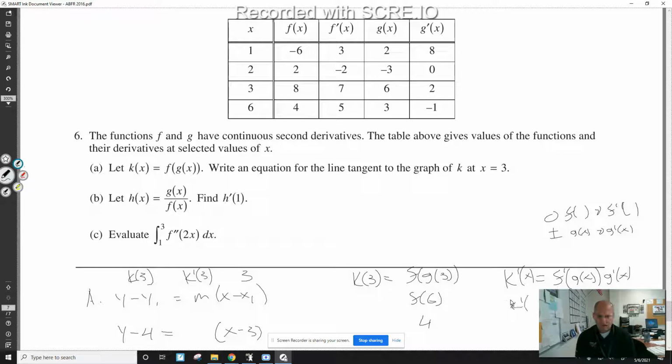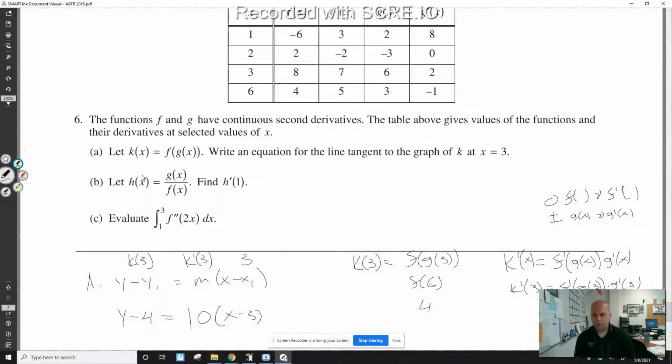K prime at 3, which is what we're trying to find, is f prime of g of 3 times g prime of 3. G of 3 is 6. F prime of 6 is 5. G prime of 3 is 2. 5 times 2 is 10. Leave it. You don't have to solve for y.